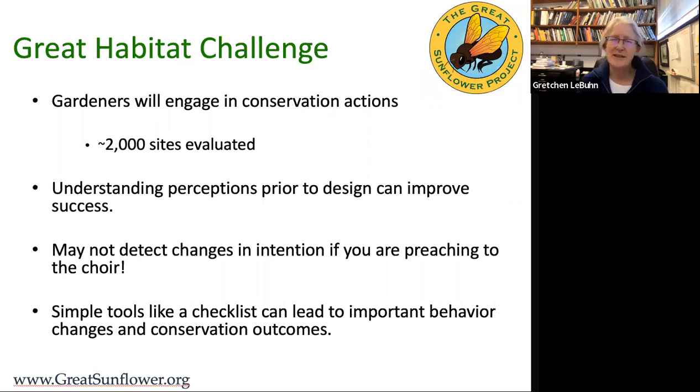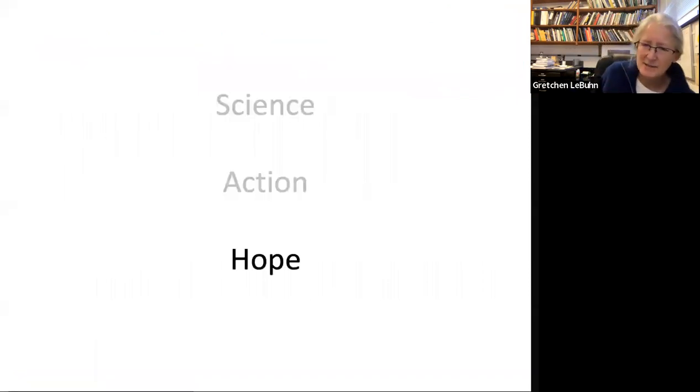So one of the things that we're trying to work on these days is how do we get people who are not passionate about these issues to get involved in doing conservation and participating in community science, which actually brings me to my last part, which is talking about hope.